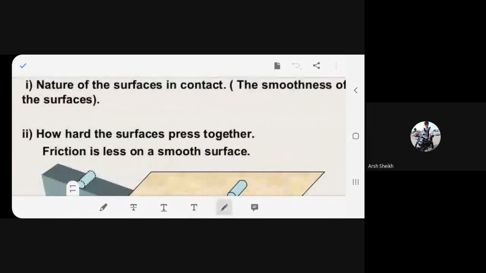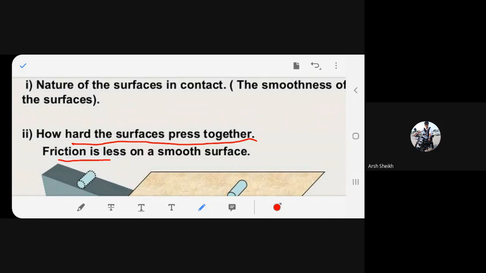Second is how hard the surface is pressed together. That means the ball in contact with the smooth ground and the ball in contact with the rough ground. So what we found? Friction is less on a smooth surface. And that's why the ball moves ahead.